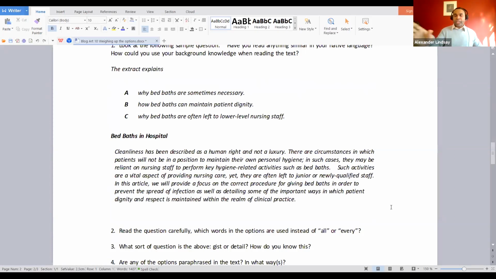I'll just give you about 30 seconds on that to share some ideas. So, okay, so Sigor is saying A, but can you give a specific example of how it's paraphrased? So Bhaskar is saying in order to prevent. So what is that paraphrasing then, Bhaskar, do you think? There are circumstances for A. Okay, so why bed baths are sometimes necessary.